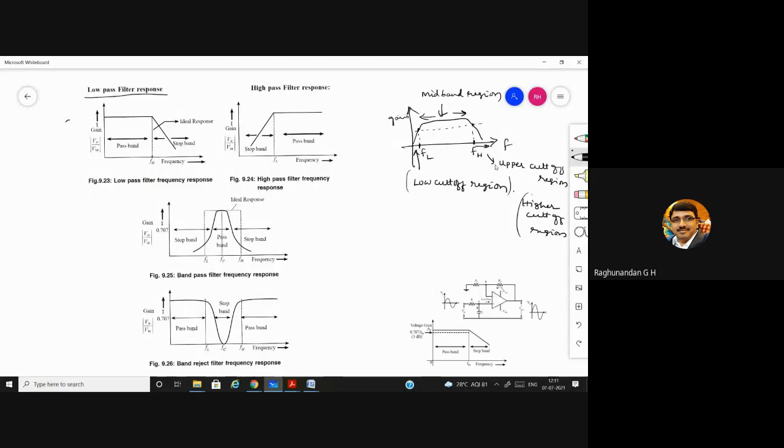Here also, since we are going to study active low pass filters, they will have active components, and the active component we are using is the op amp. So obviously it is going to give some gain with respect to frequency. But our intention in filtering is to allow only a signal or frequency of a particular range. After that, the frequency should not be passed.